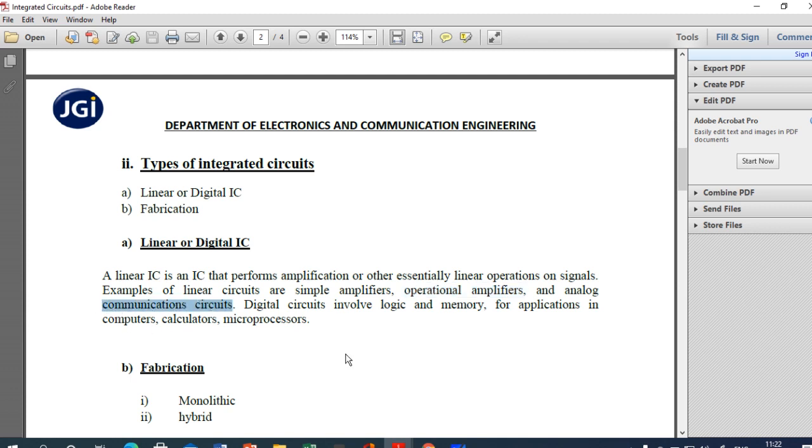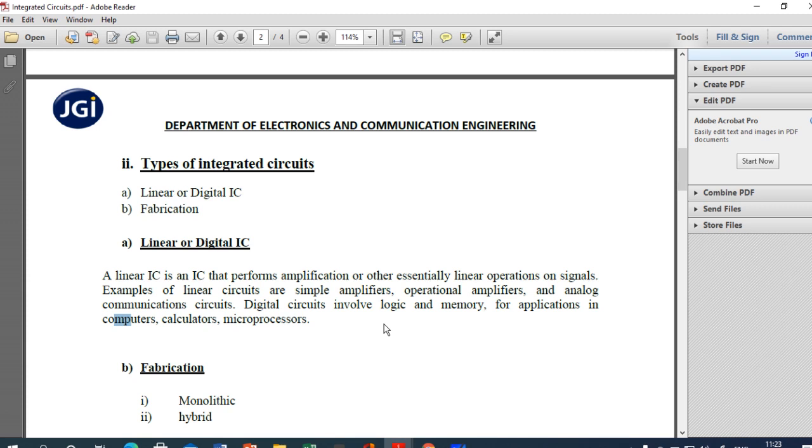It is used in communication for transferring signals from source to destination. Some other circuits involve logic and memory, with applications in computers, calculators and microprocessors. So these are some examples of linear or digital integrated circuits.